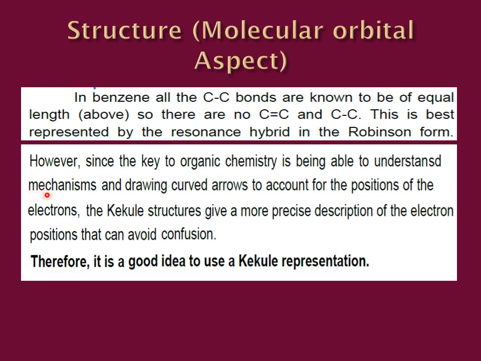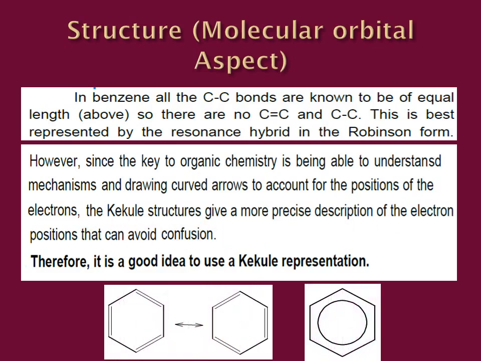So the Kekulé structure gives a more precise description of the electron positions that can avoid confusion. Therefore, it is a good idea to use the Kekulé representation when we are talking about the mechanism of chemical reactions, or when we are trying to write any chemical equation.